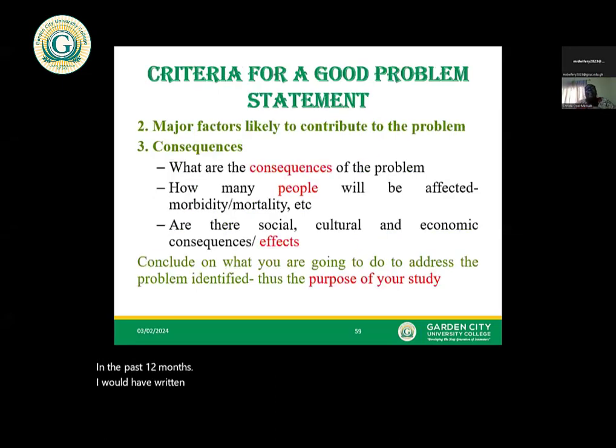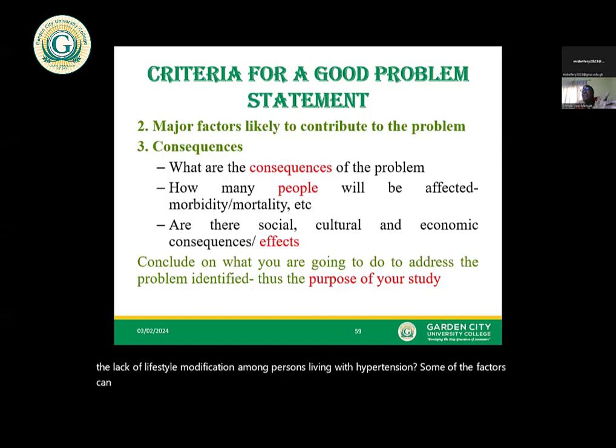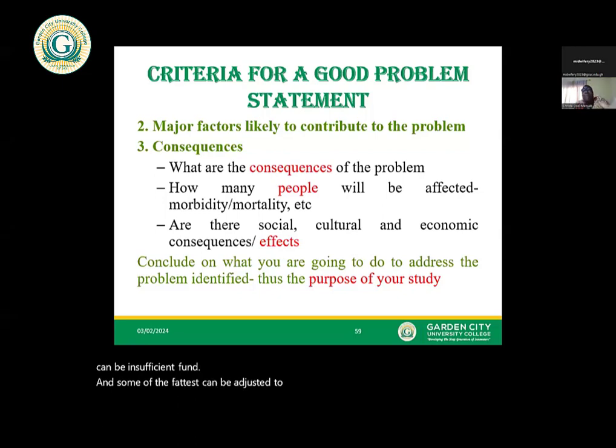Then what are the major problems that are likely to contribute to the lack of lifestyle modification among persons living with hypertension? Some of the factors can be insufficient funds. Some of the factors can be that adjusting to some lifestyle is becoming a challenge for the person.